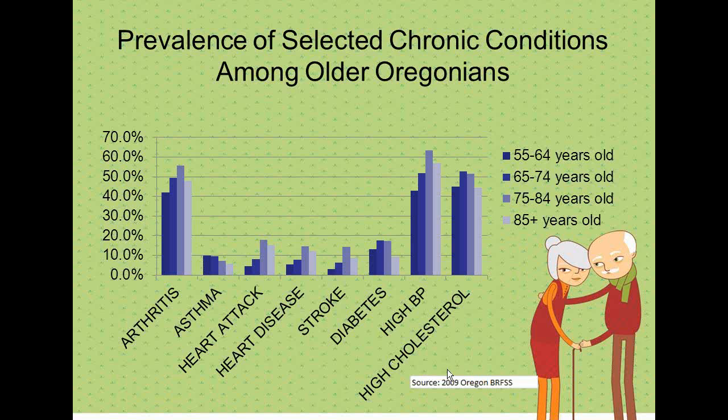As you look at this chart, you will see that arthritis is more prevalent among older adults and is associated with overweight and obesity. Arthritis, high blood pressure, and high cholesterol actually have the highest prevalence by far. You can see these lines. We have the breakout by age, according to the legend right here.